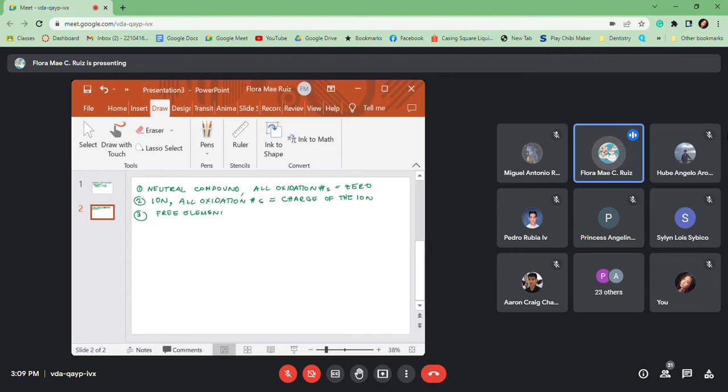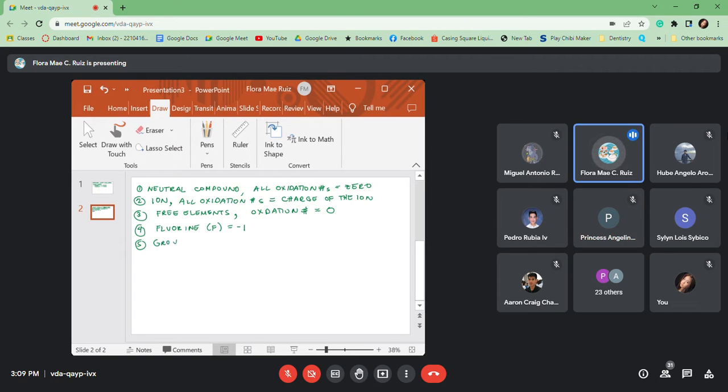All free elements in the reaction should have an oxidation number of zero. For example, if sodium alone is there, then it is zero. Don't worry, we will have an example after I state all the rules so that we will know how to apply these rules. Fourth rule, your fluorine, or your element symbol F, should have an oxidation number of -1.